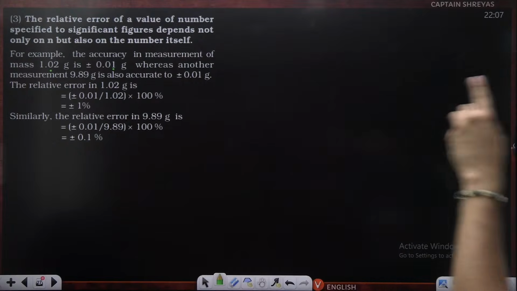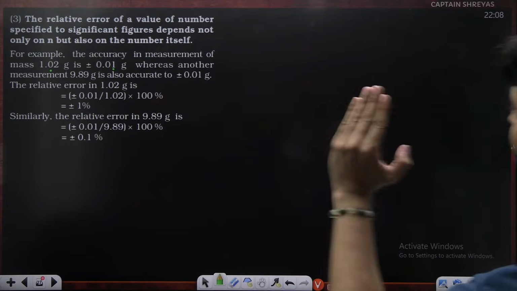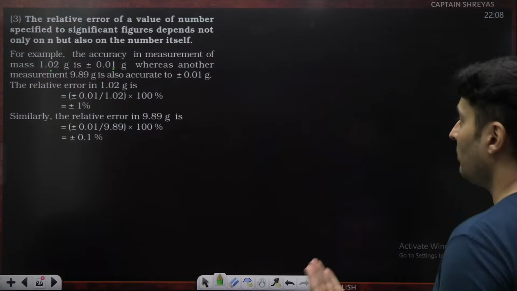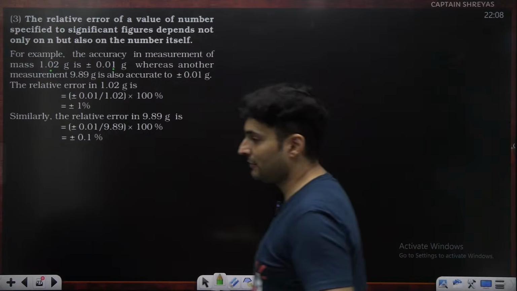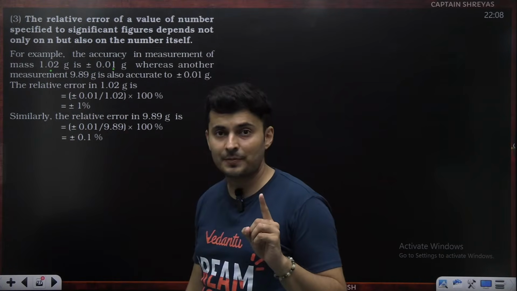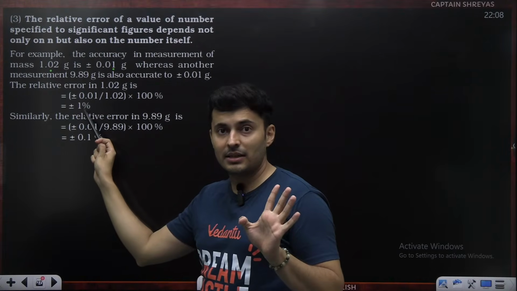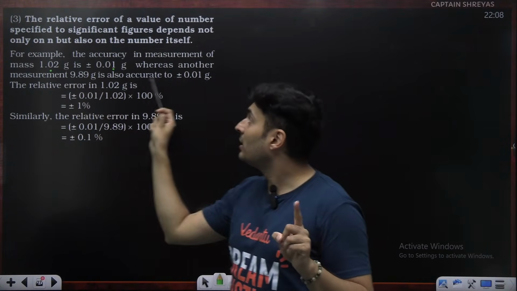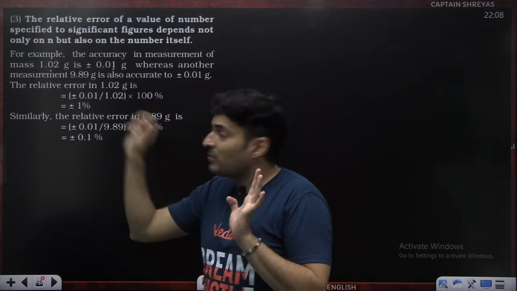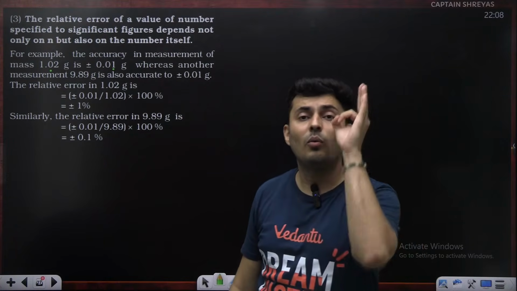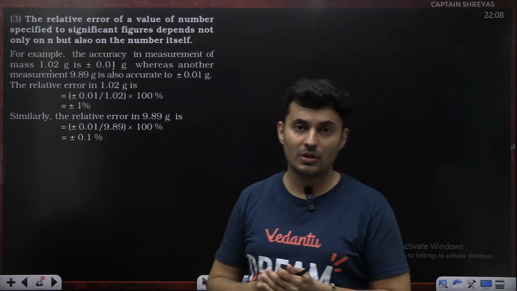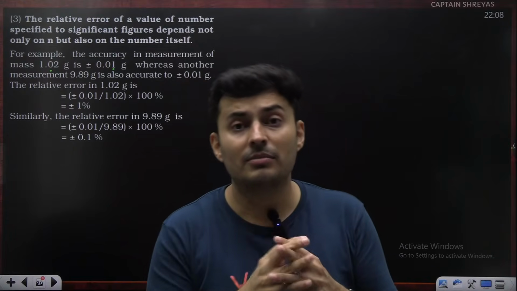0.1%. So with this example, what do you see? The relative error of a value of a number specified to significant figures depends not only on the number of digits but also on the number itself. Even if it was expressed till two decimal places, the error was 1%, but if you change the number to 9.89, even if it is expressed till two decimal places, the percentage error was completely different.